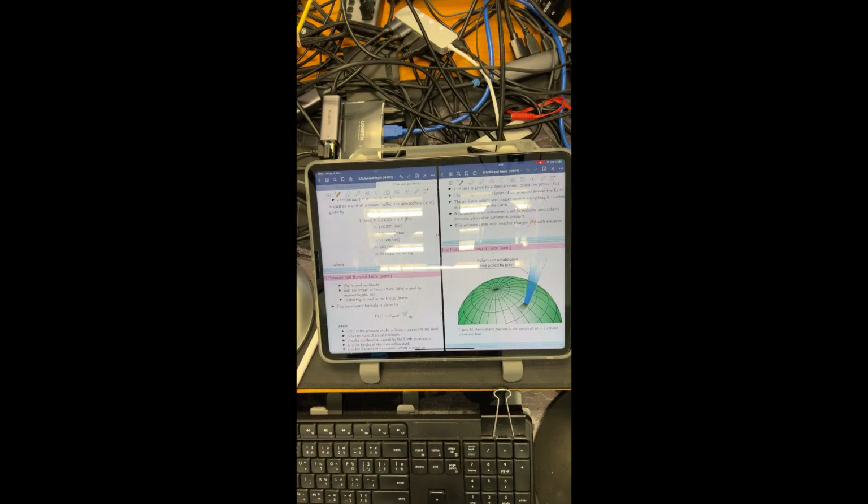If you increase the temperature, you're going to have higher pressure, because temperature appears in the denominator of the exponent of this exponential function.